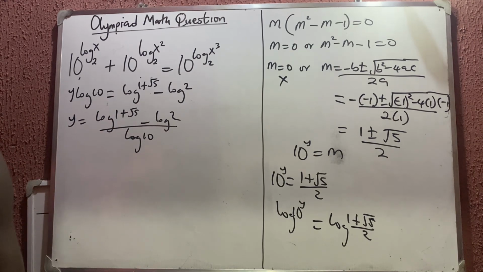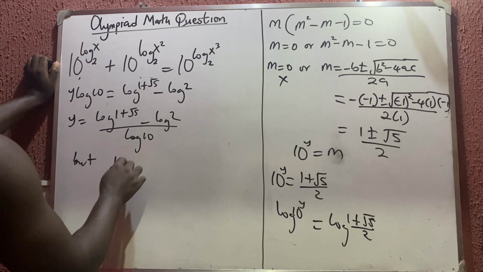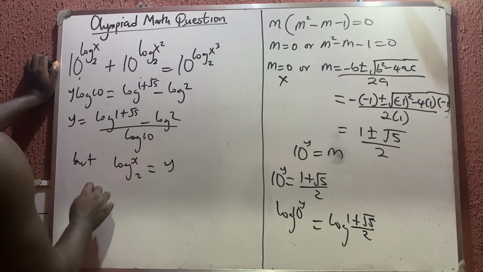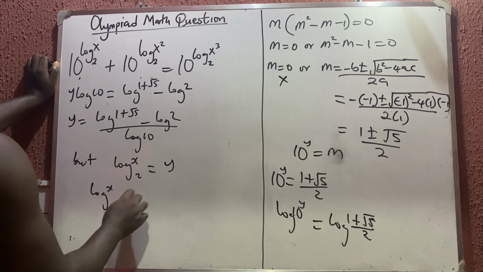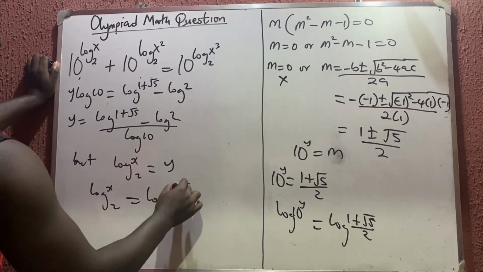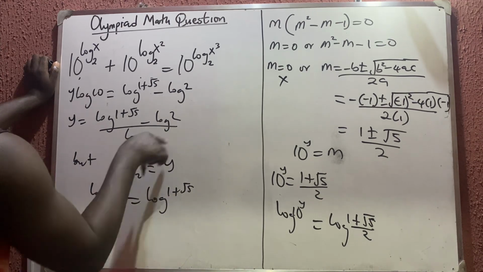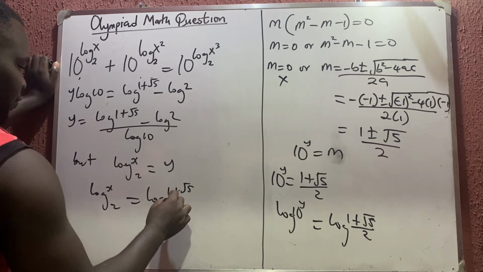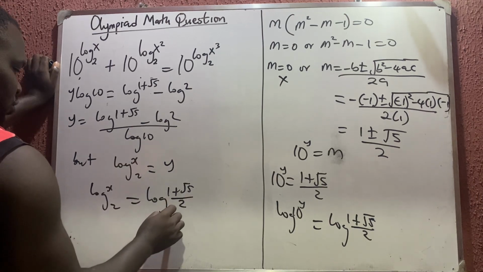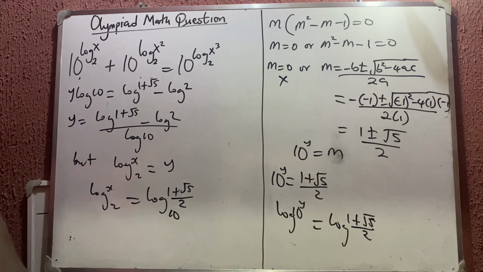This is my y, but I'm not looking for y, obviously. I'm looking for x. But don't forget that log x base 2 is equal to y. So let us put it here. We now have that log x base 2 is equal to log of (1 plus root 5) over 2, and because of this 10, it's going to be base 10.